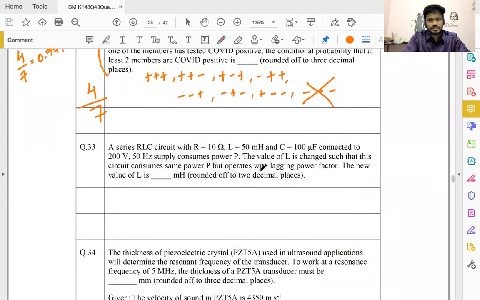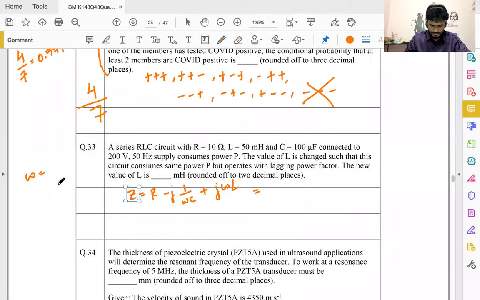Okay, so series RLC not an issue. I think I leave a quick pointer. Leading power factor to lagging power factor. Just play with the impedances. Z is R minus J into 1 by omega C plus J omega L. Okay. If you calculate this, and let me also write what is omega.